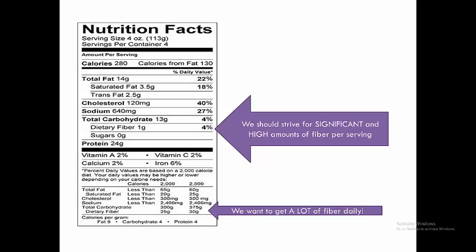So when we look at this label and we see that it contains a low amount of fiber, we should think, well, that's not a good choice because I want a lot of fiber. In fact, I want 25 to 30 grams a day. I can see that right here on the label. This has 1 gram, 4%. Not a great choice.